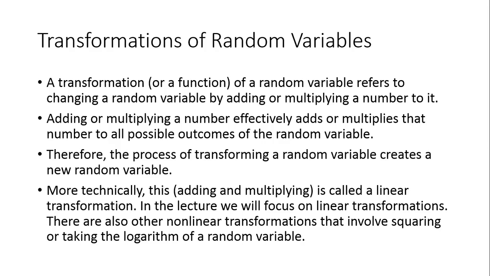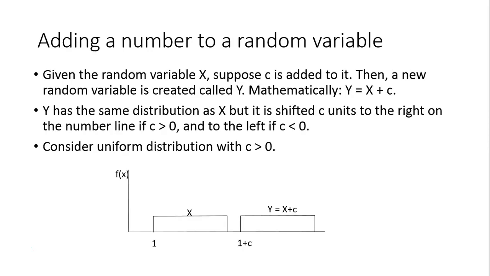There are also other nonlinear transformations that, for example, involve squaring the random variable or taking the logarithm of the random variable. They're not that difficult to study either, but for now we'll just focus on the linear transformations to keep things simple.